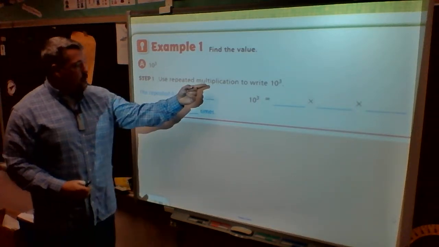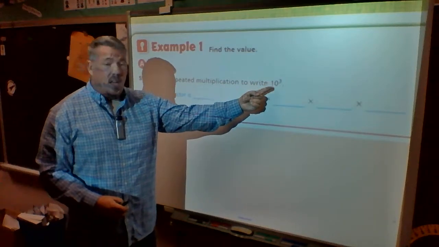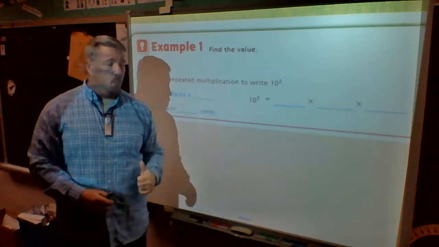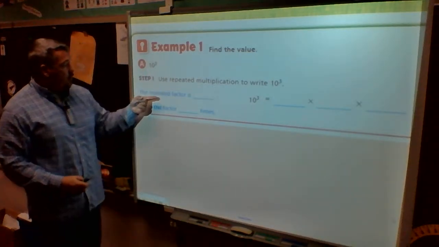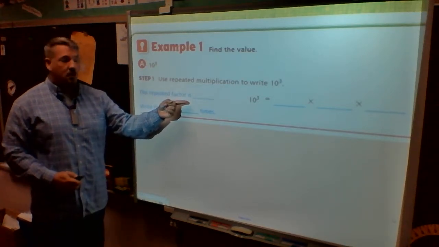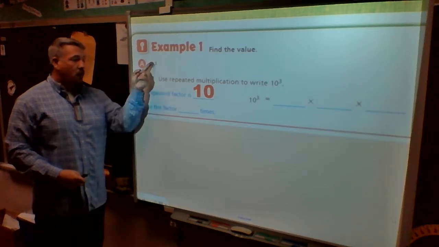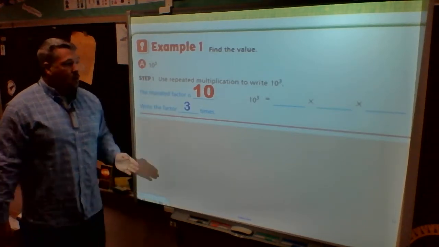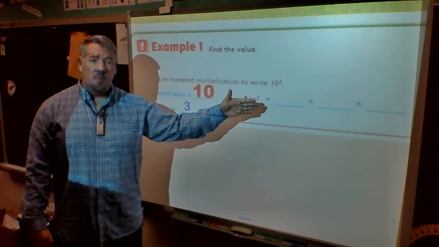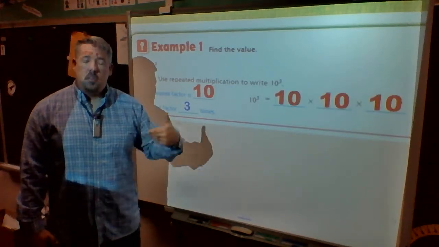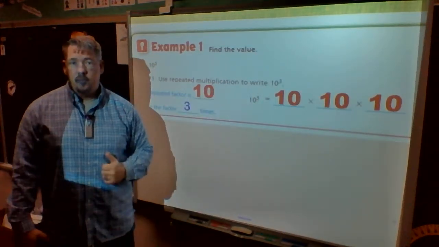First it says to use repeated multiplication to write 10 to the third power, or 10 cubed. So I'm going to take the repeated factor, which is 10, and I'm going to write that factor how many times? Cubed is 3 times, so I'm going to write it out. 10 cubed is the same as 10 times 10 times 10.